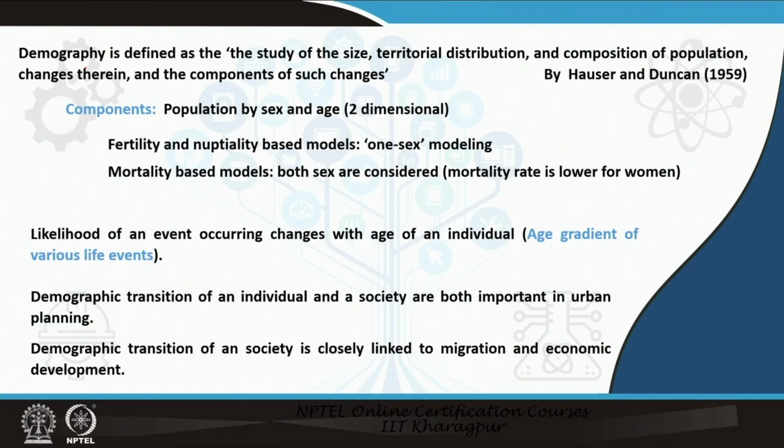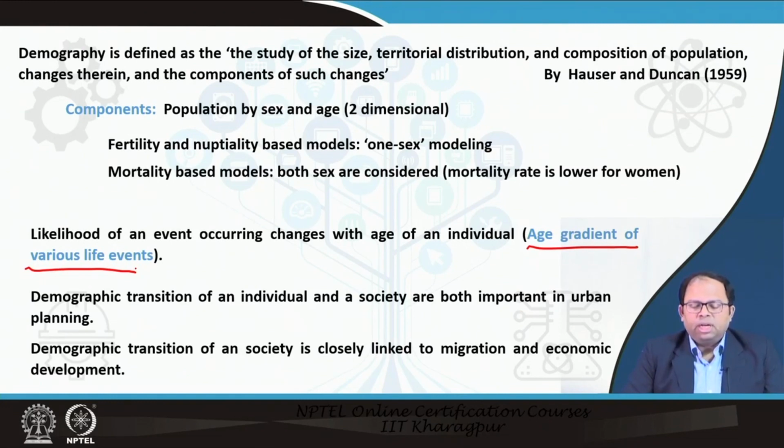So, we can say that the likelihood of an event occurring changes with the age of an individual, or we can also call it the age gradient of various life events. That means mortality, fertility, all this changes as per the age group in which the population currently is.